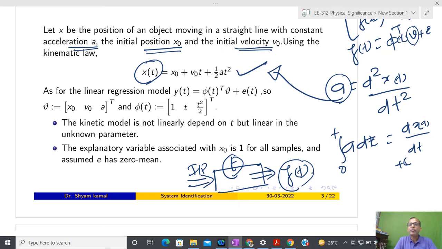I don't know what is initial velocity, what is initial position. I also don't know what is the acceleration. Okay, so I don't know anything. Sometimes what happens that initial position is known to me. Okay, so if initial position is known to me, then I will tell that there is no error associated with initial position, but it might be possible in some problem I don't have knowledge of initial position also.